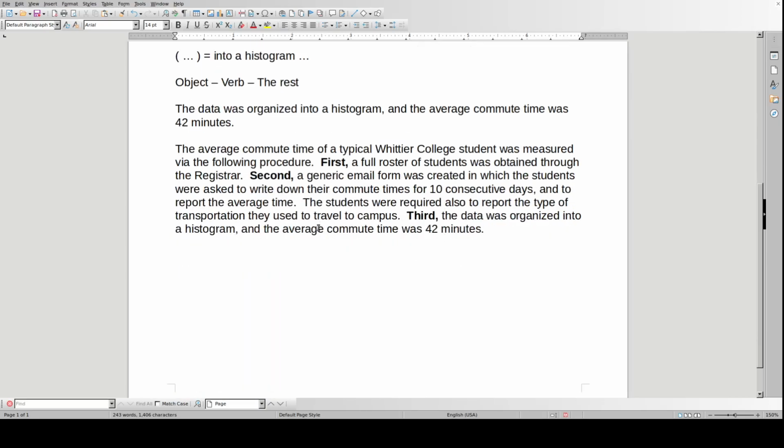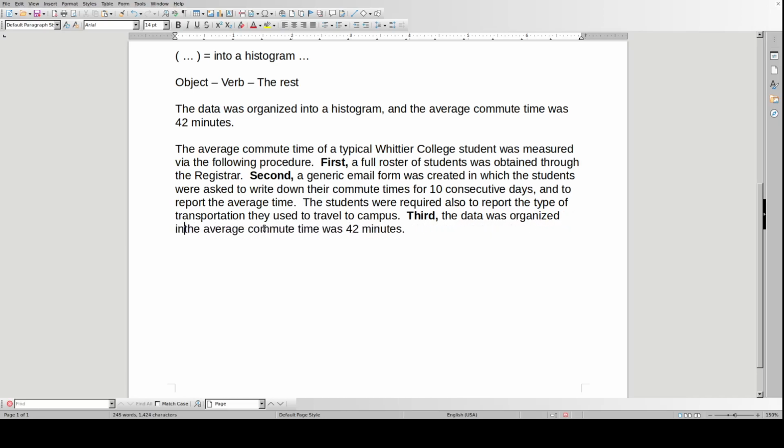It might not be obvious though to every reader how the average time is extracted from the histogram of times. So you might say something like, and from the histogram, the average commute time was 42 minutes. You could be more general and not even talk about histograms at all. That's probably a better idea for a general audience here.